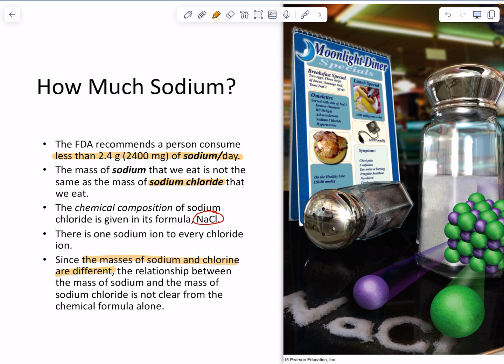If I have 10 grams of sodium chloride, less than half the mass is going to be due to the sodium. So we're going to start using the relationships between the numbers of each atom type in compounds, and how much each atom type weighs, to figure out how much of a particular element is in a compound.